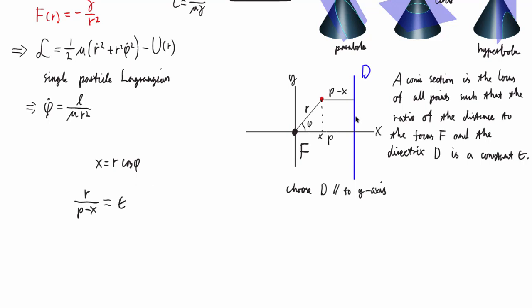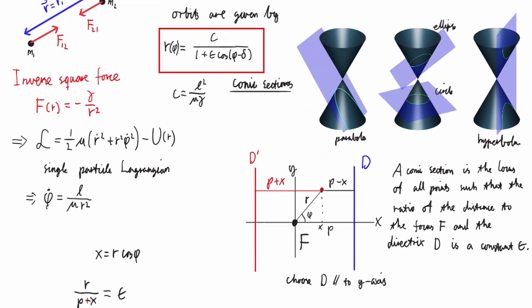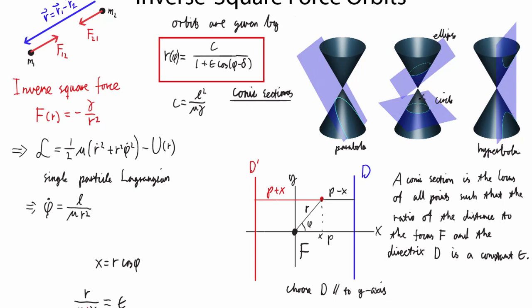I should also mention that we can actually take the directrix on this side too. Then of course this distance here would be p plus x. So we can either have minus or plus x down here. This should be the formula for a conic section. And like I said before, and as we'll show in a minute, that could be either a circle, ellipse, parabola, or a hyperbola.